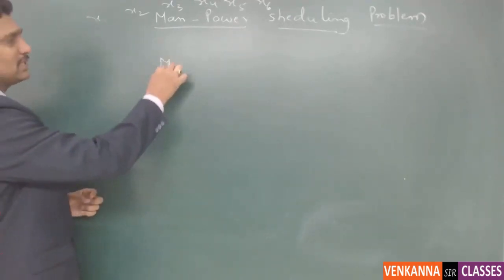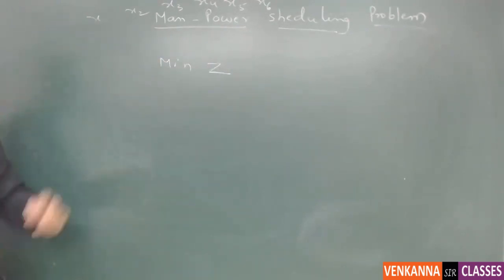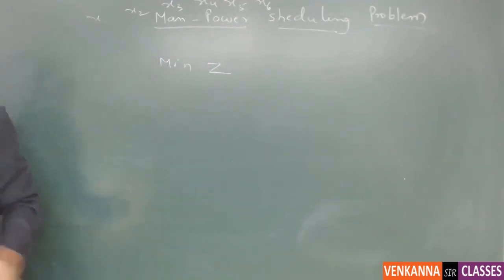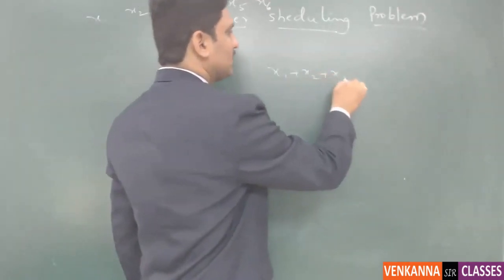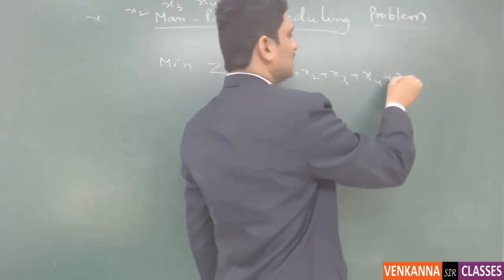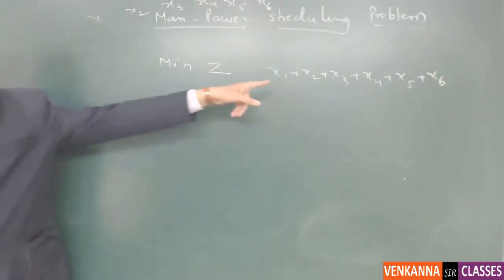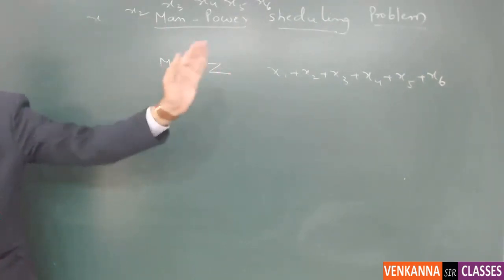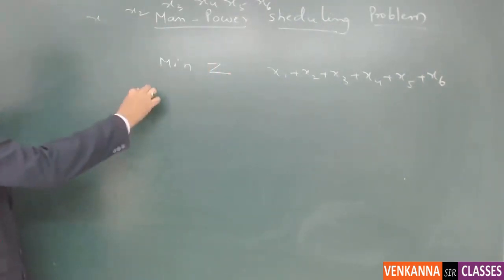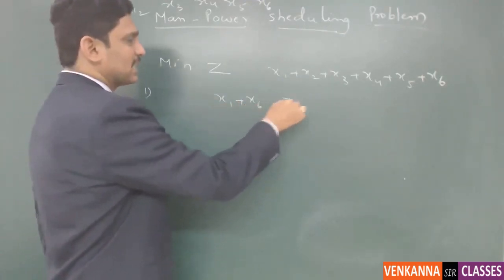So our task is to find the minimum number of persons required for all the time slots. So x1 plus x2 plus x3 plus x4 plus x5 plus x6 stands for the total number of persons required for all time slots. For interval 1, you have x1 plus x6 is greater than or equal to 20.